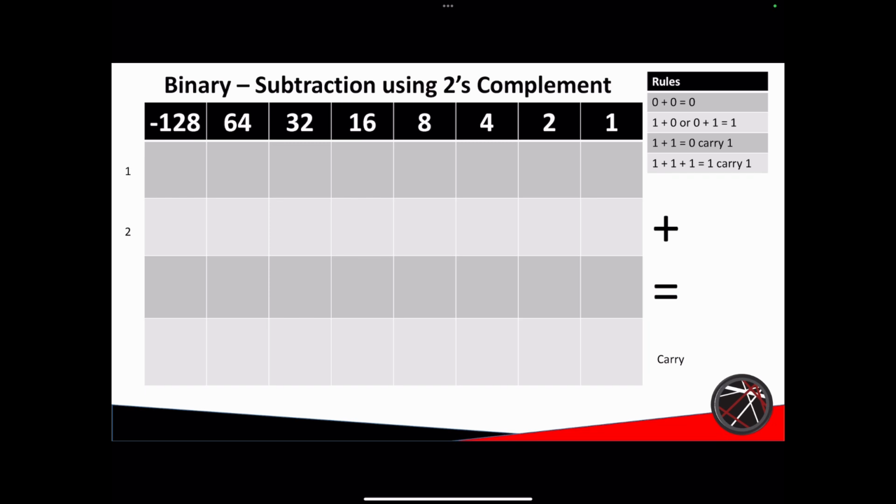Okay, so what we're also now wanting to deal with in 2's complement is the ability to actually carry out subtractions. What we're doing here is exploiting the maths, if you like, of the fact that if you add a negative number to a number, it actually carries out a subtraction.